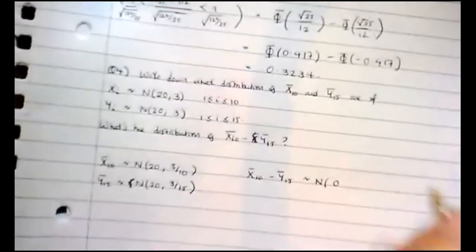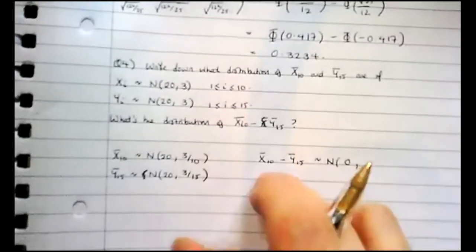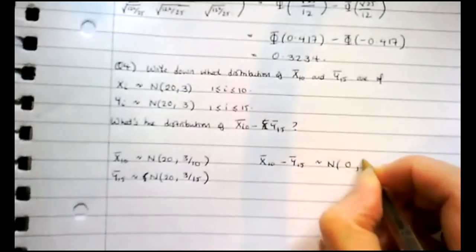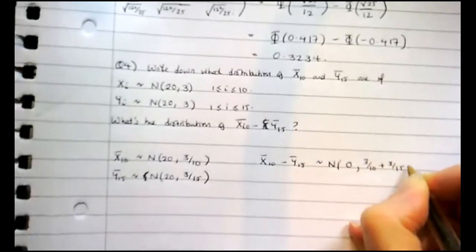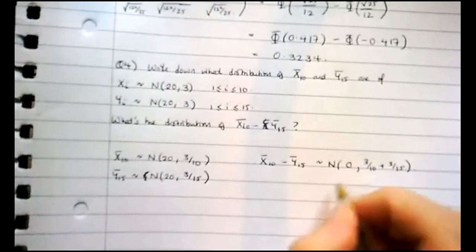And then the variance, well, the variances I have to add up, despite the fact that I'm taking the difference here. So I'd end up with 3 over 10 plus 3 over 15. And if you can work this out, it's exactly a half.